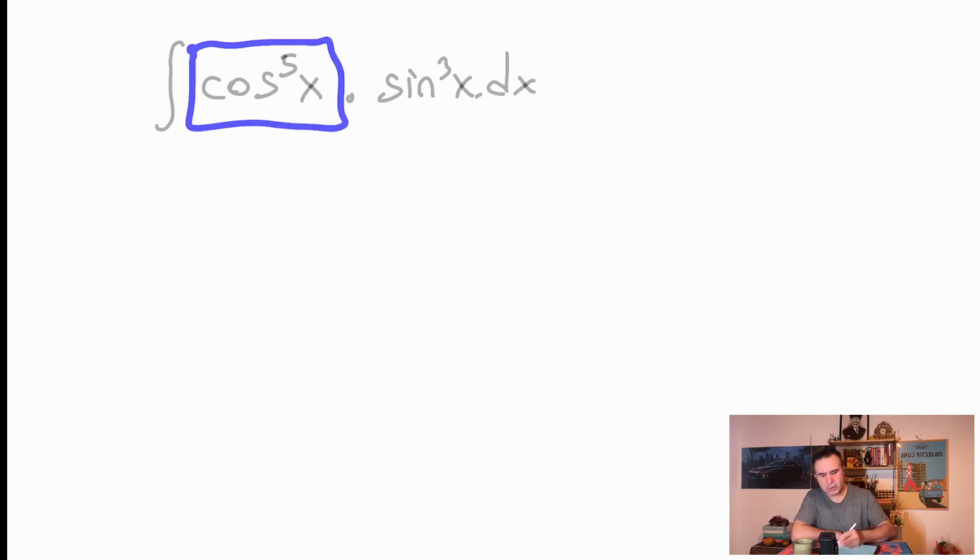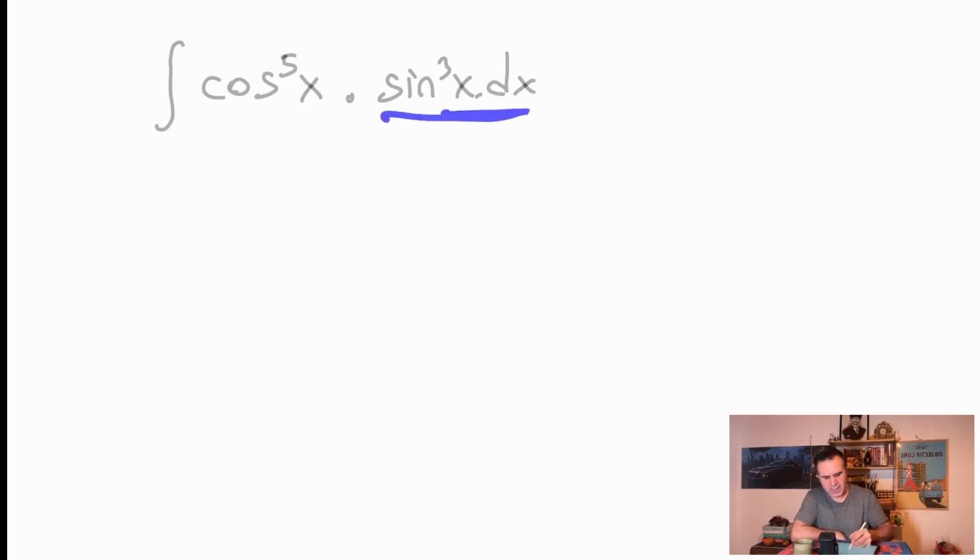We now here have the integral of cosine to the power of 5x multiplied by sin³ x dx. Now we have here cosine to the power of 5x. The derivative of cosine x is minus sin x.